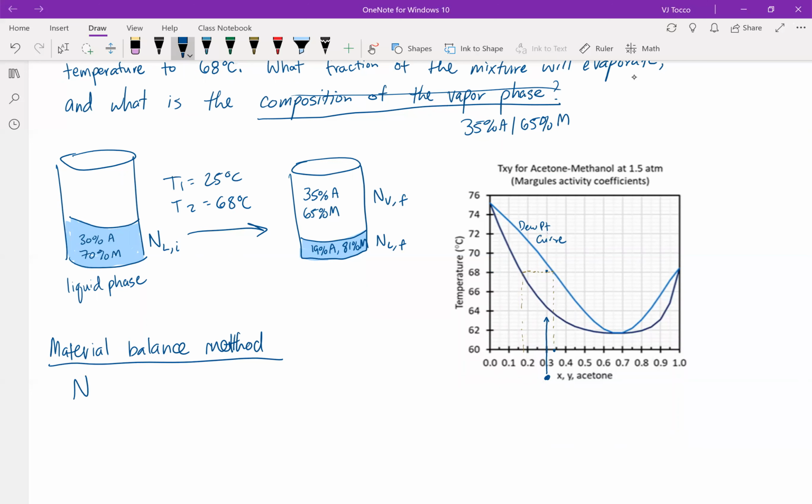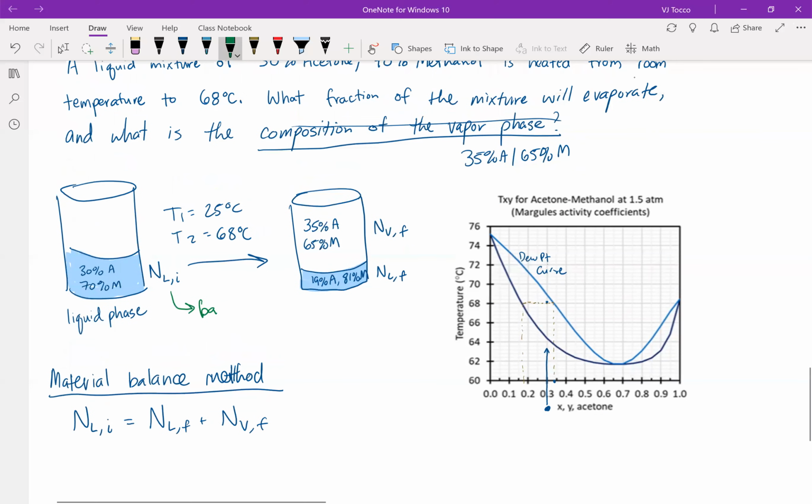So moles in the liquid initial must be equal to moles liquid final plus moles vapor final. And then because I know what the composition is, I can do, how many unknowns do I have here? I have 3 unknowns in this equation, but notice I haven't set a basis. So I'm going to set a basis of 100 moles for moles in the initial case.